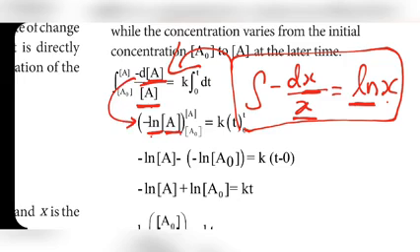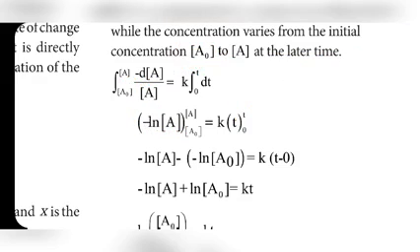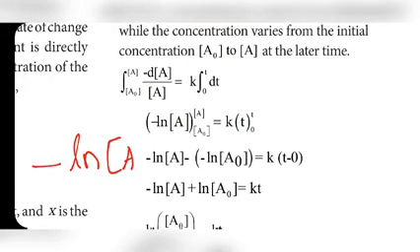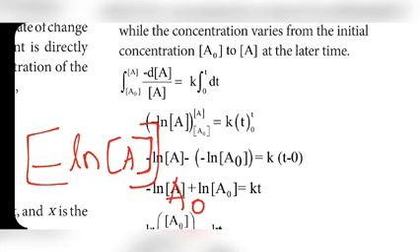So minus ln A. This minus ln A is obtained from the integration formula. In this formula, the limit is applied from concentration of A0 to concentration of A.